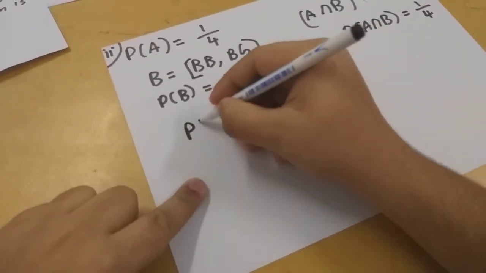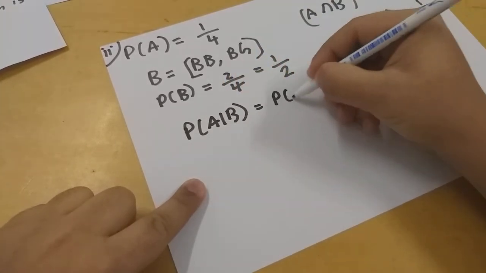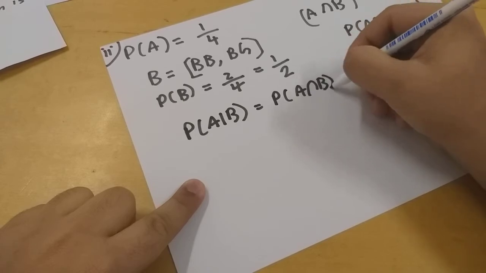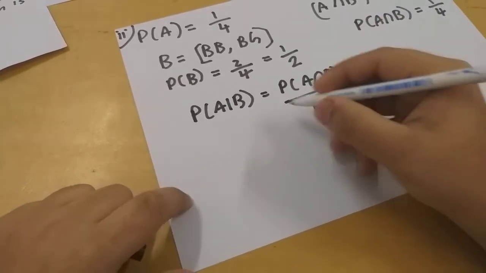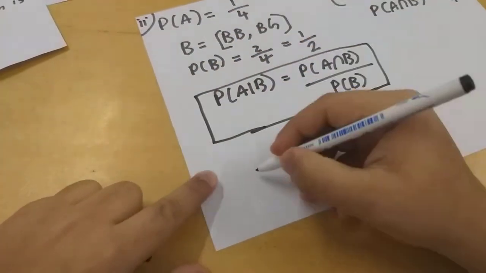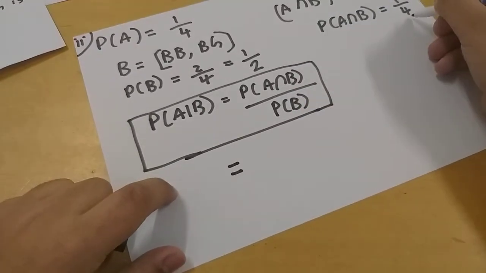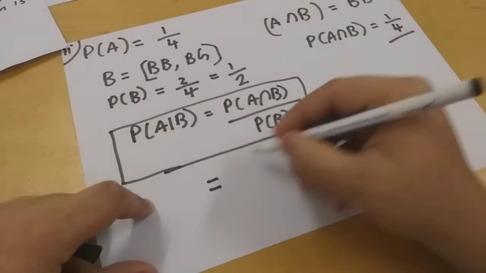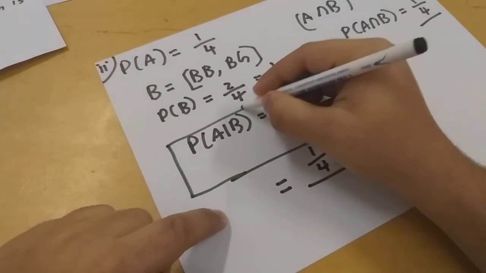Again, using the same formula, P of A given B is equal to P of A intersection B divided by P of B. This is the formula for conditional probability. And so when we put the values, P of A intersection B is 1 by 4 divided by P of B is 2 by 4.